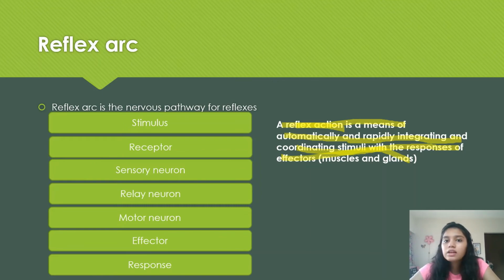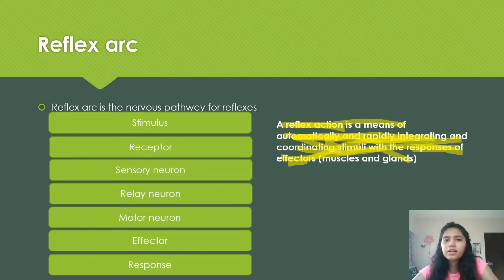Okay, means of automatically and rapidly integrating and coordinating. Automatically and rapidly means quickly and without thought, subconsciously and fast. Integrating and coordinating means combining and joining stimuli, which is changes in your external environment, with responses of effectors. That means with the action taken by muscles and glands.